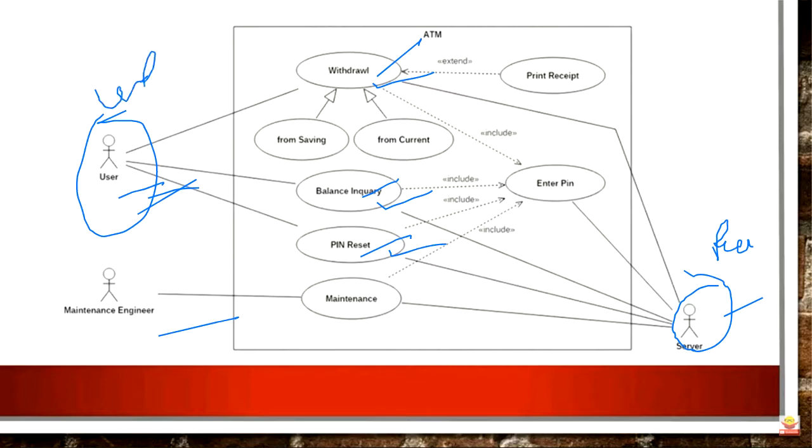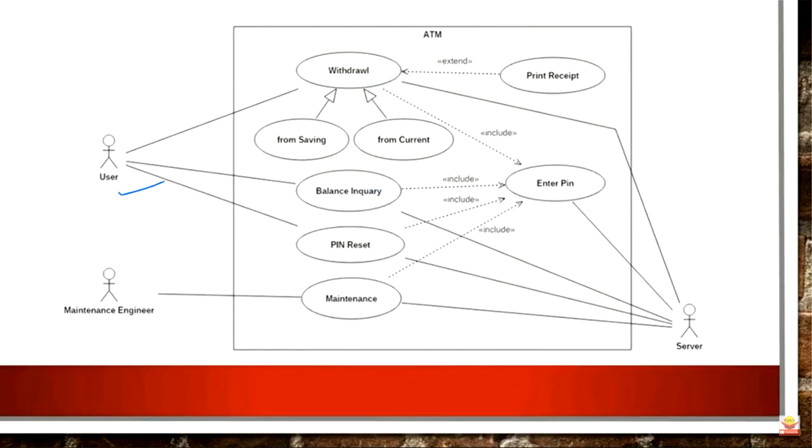Now see this maintenance engineer, this use case maintenance. This is only initiated by this maintenance engineer. Only when the maintenance engineer initiates this maintenance use case, then only the server is coming into picture. You can also think it in the reverse way, that why this user and maintenance engineer has to be the primary actors.